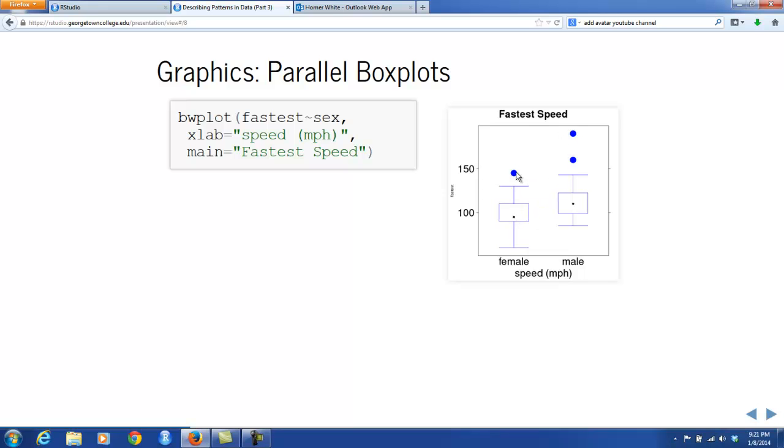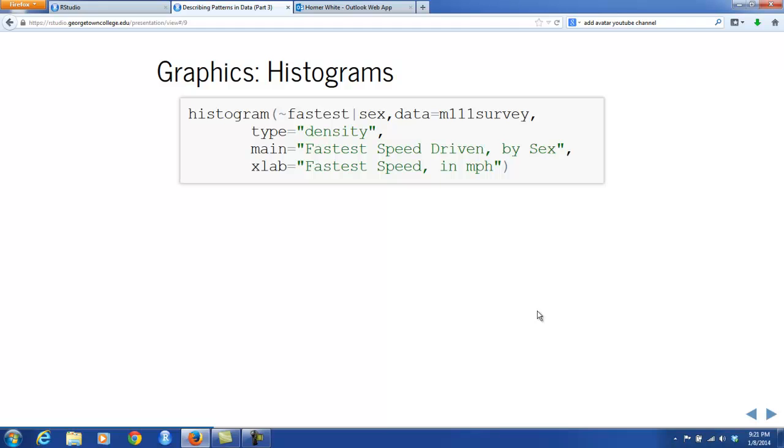There's a couple of outliers, but we don't pay much attention to them when we're trying to describe what's going on typically. You can also use histograms to describe the relationship between these two variables. The formula input's a little bit different.